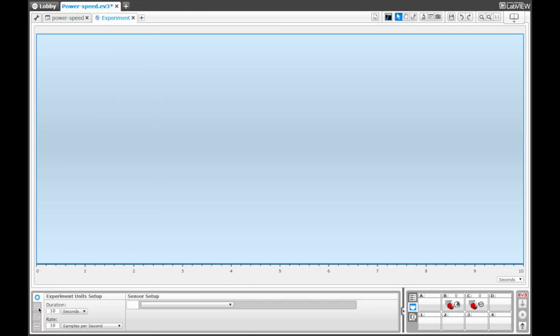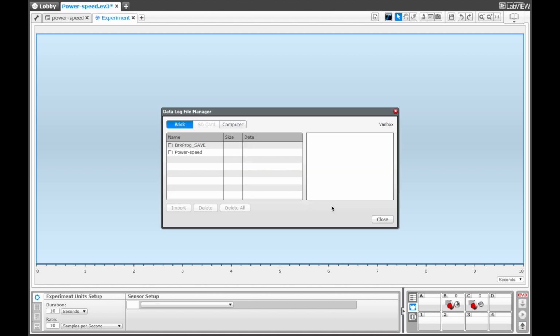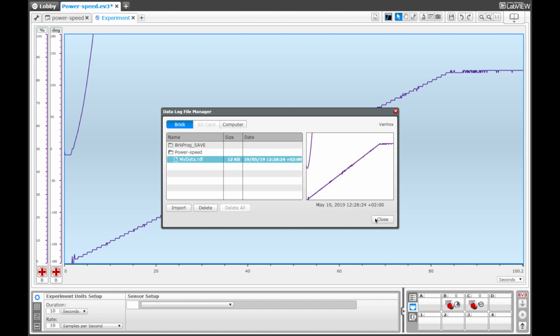In the experiment here we chose the upload button, and there's my power speed program, and here is my data which I'm going to import.